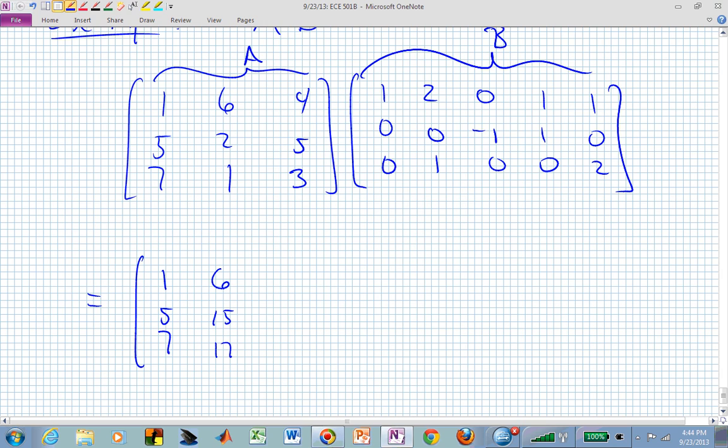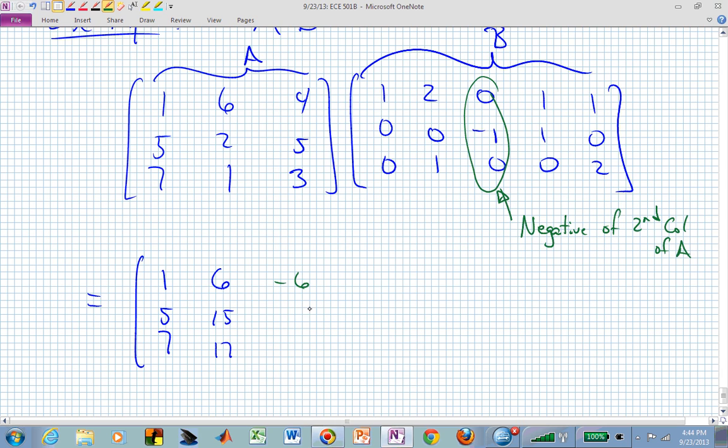What about the third column in the product? What's that going to do in the product? It's going to take the negative of the second column of A. And the second column of A is 6, 2, 1.